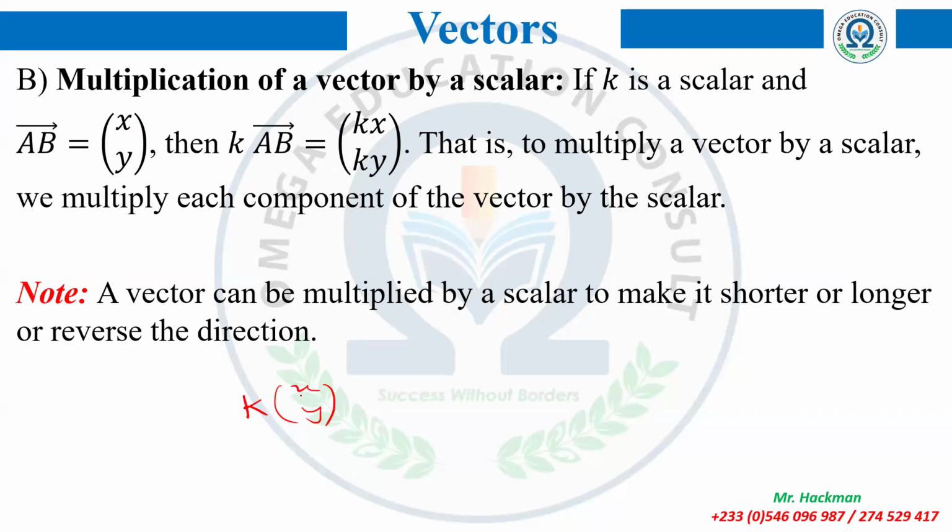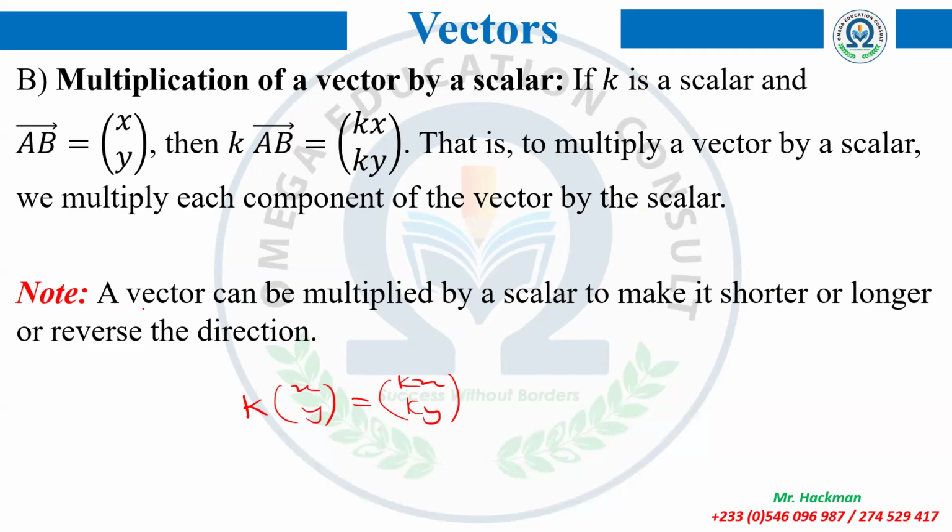What do you do? You multiply each of the coordinates by the scalar. So this will give you kx, ky. So your result, now that we are dealing with vectors, the x component will be kx, and your y component will be ky. Your k here will be a value anyway. So take note. To multiply a vector by a scalar, we multiply each component of the vector by the scalar. As simple as that.